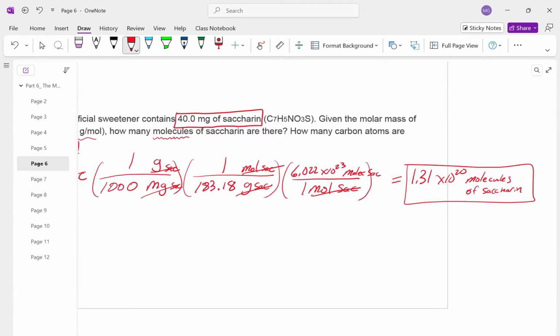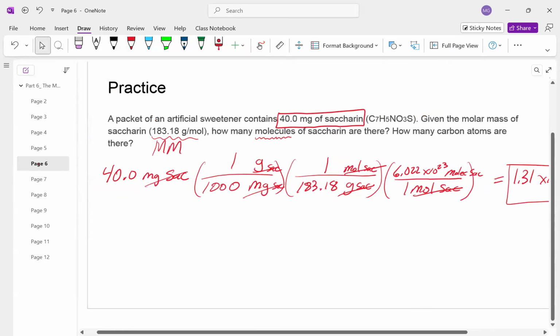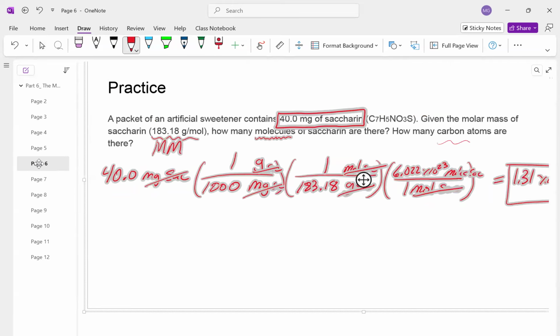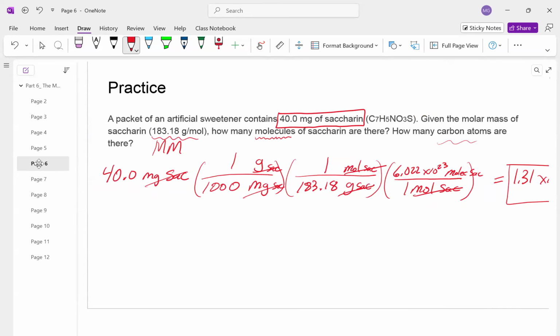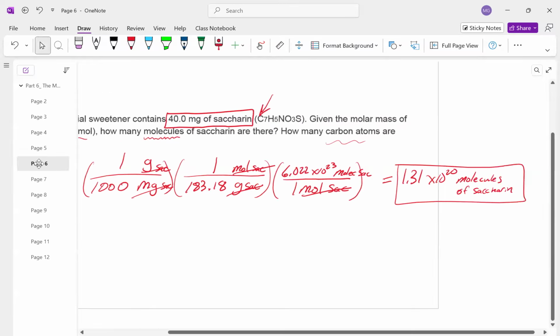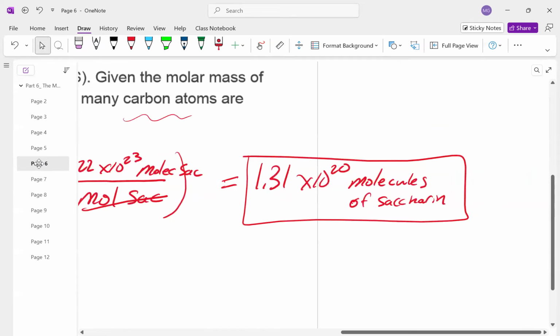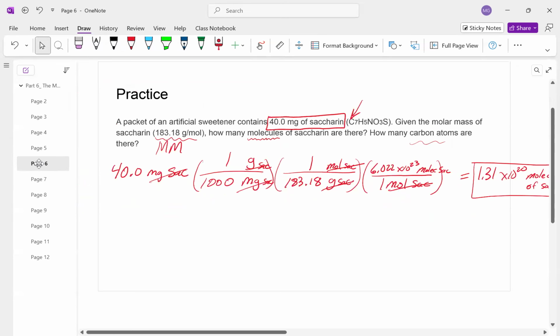All right. Now let's get to the last question, or the second question, I should say. How many carbon atoms are there? So now it's asking specifically about one atom in that molecular formula. So I know I'm going to have to use that formula somehow. Okay. Well, I kind of got to molecules of saccharin there. So I could start there, but let me just outline the whole thing. I'm going to use this exact same sentence here.